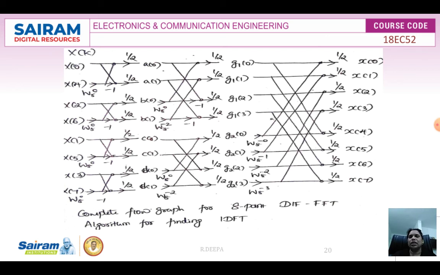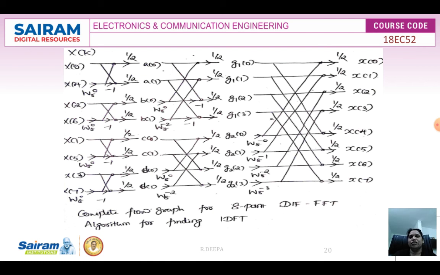In both cases, the butterfly structure will remain the same, the input will be fed in bit reversed order, and the output is going to be in the normal order. W8 values are going to be positive for finding the DFT, whereas for IDFT they are going to be negative.